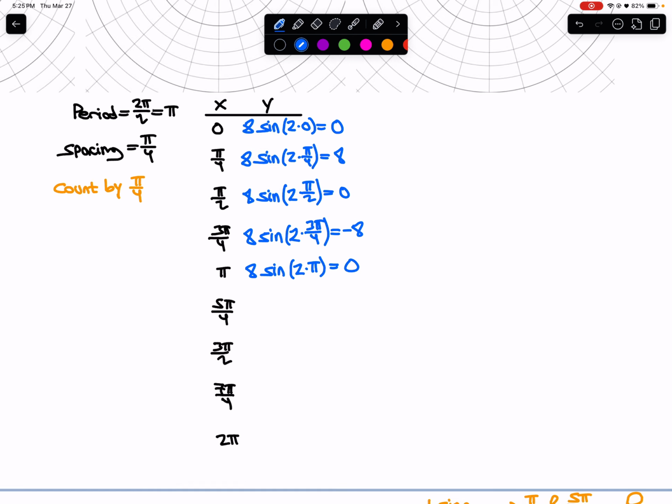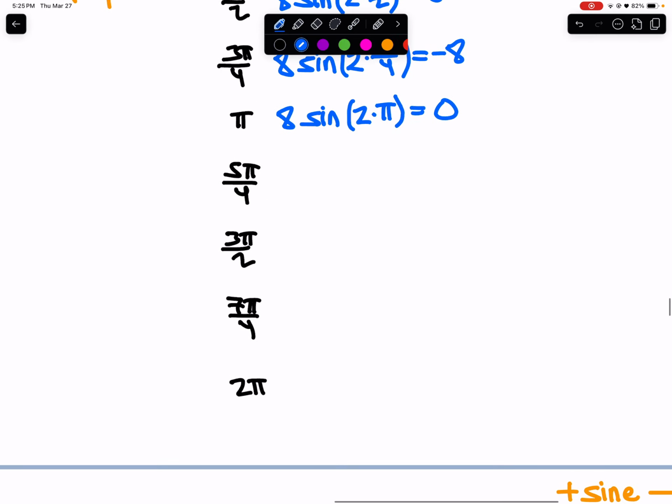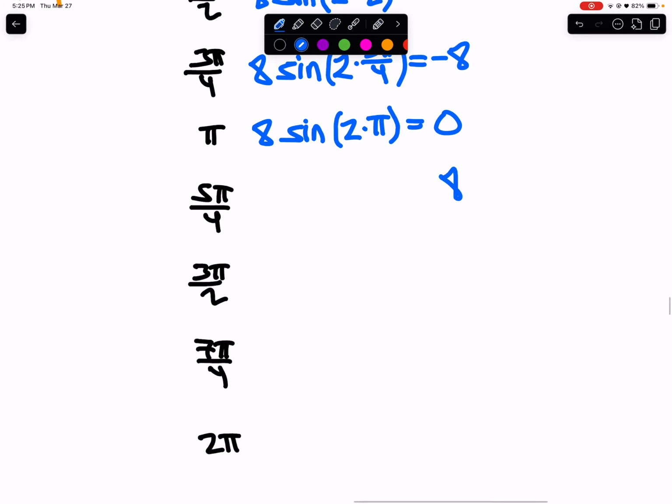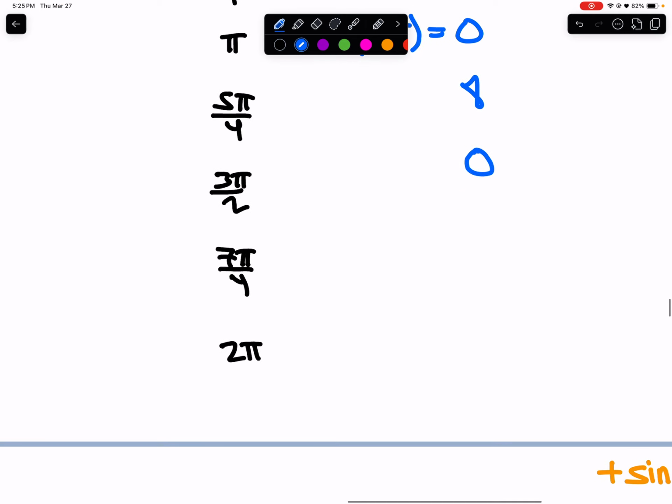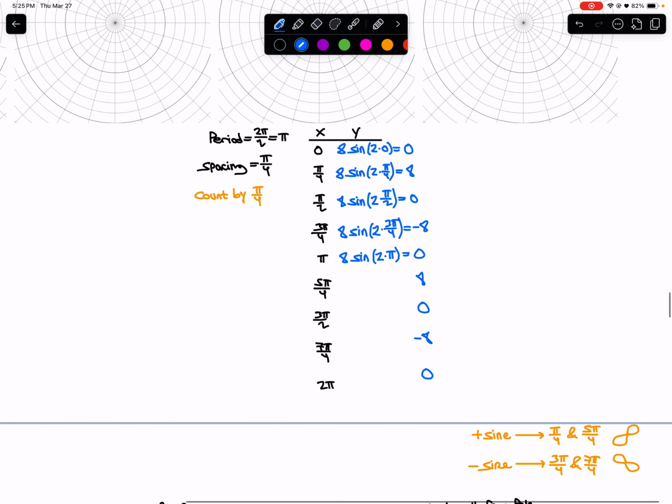Now, I see a pattern happening. So every other value is going to be 0. And then when you alternate the 8s, they change signs. So what that tells me is this should be an 8, and then we should go back to a 0. And then we're going to go back to an 8, but it's going to change signs, and then go back to 0. So that's kind of the pattern I noticed.